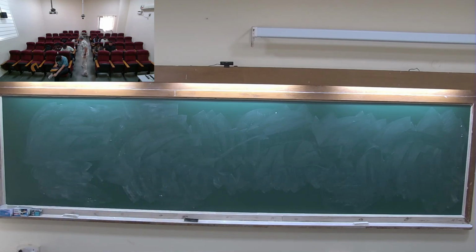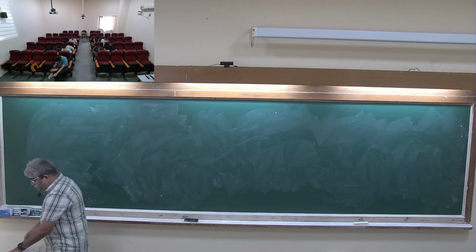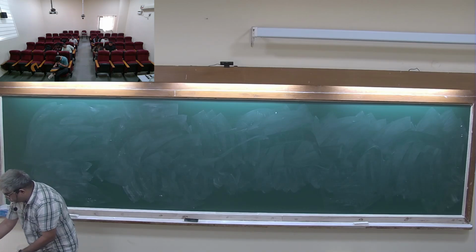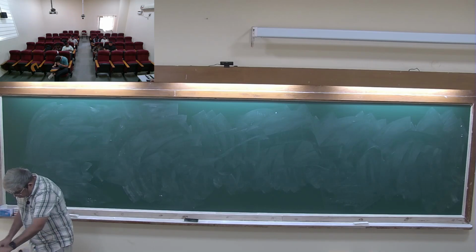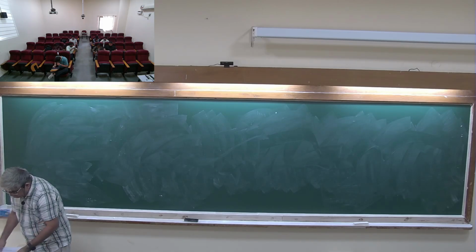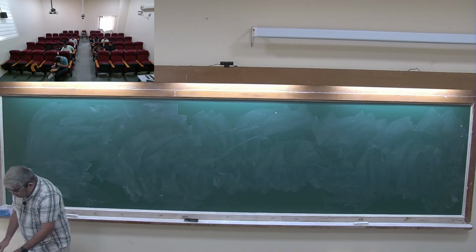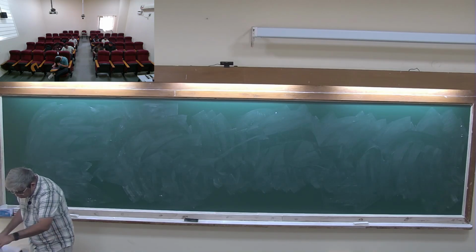So last week what we looked at was the first electroweak precision parameter, which we call delta rho, right?